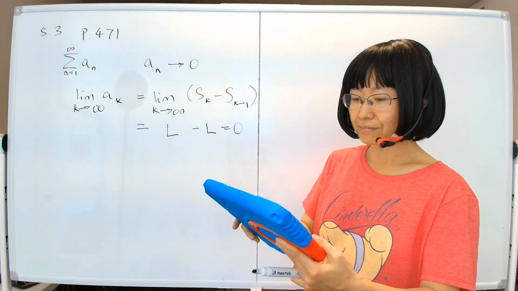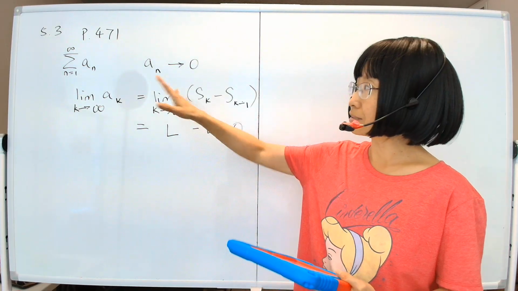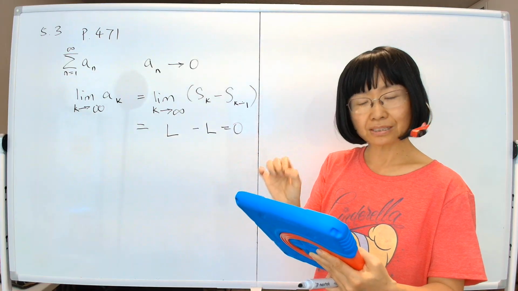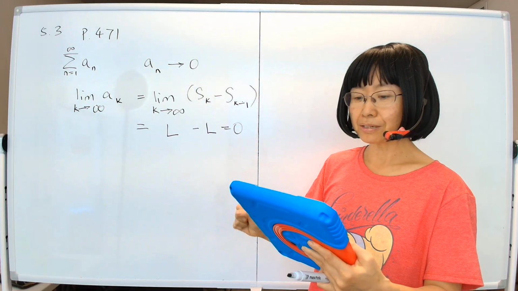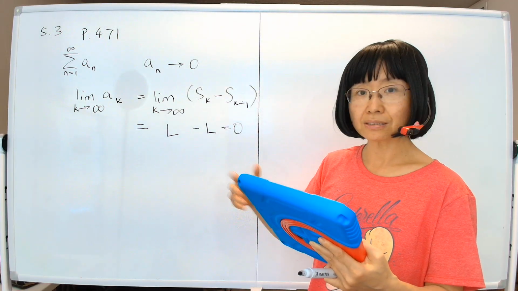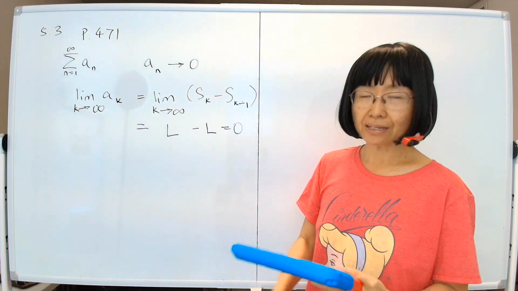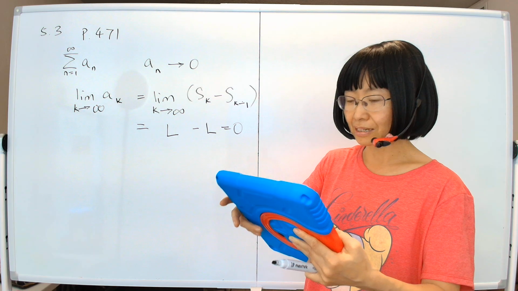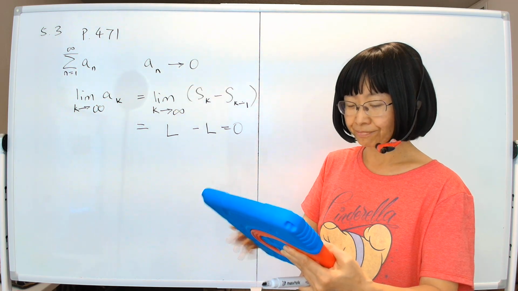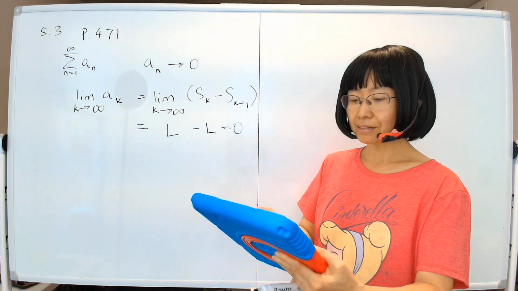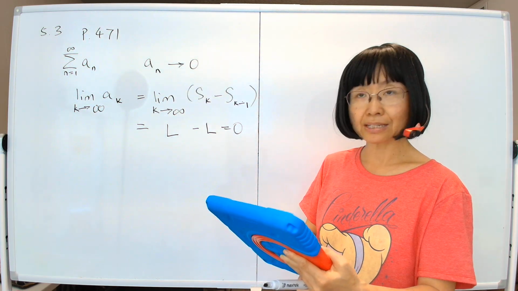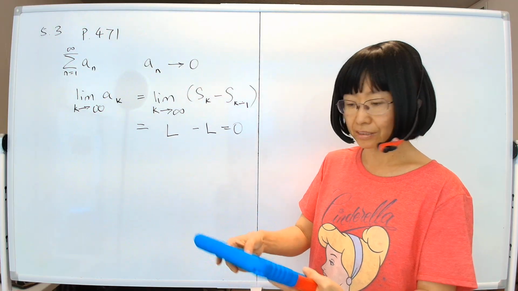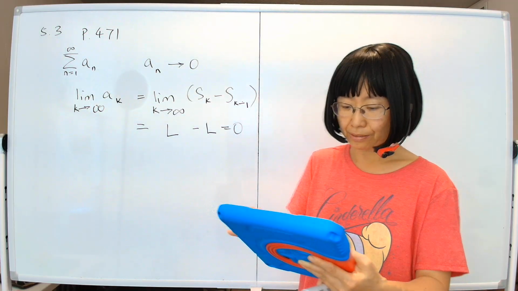So the other way of saying it is, if the limit of an doesn't go to 0, then the series is not going to converge. It will diverge. All right. Now let's look at example 5.13, which is a quick and easy use of the divergence test. Please do that as part of your homework.